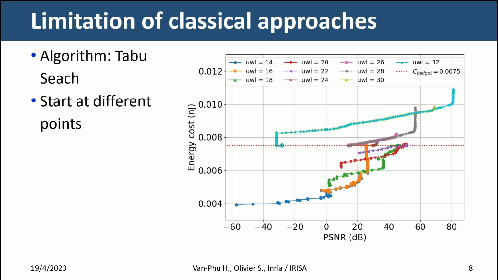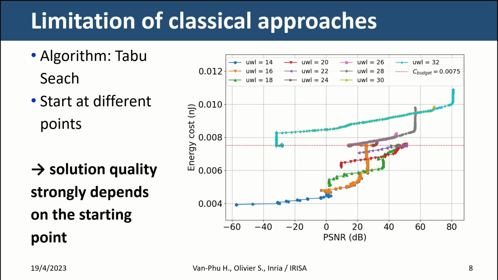However, the quality of the solutions obtained with tabu search strongly depends on the starting point. This limitation of the classical method motivates the development of new approaches to provide more stable and efficient solutions for the resource-constrained word length optimization. So in the next slides, we will present our proposed approach based on Bayesian optimization, which outperforms the classical approach like tabu search in terms of quality.